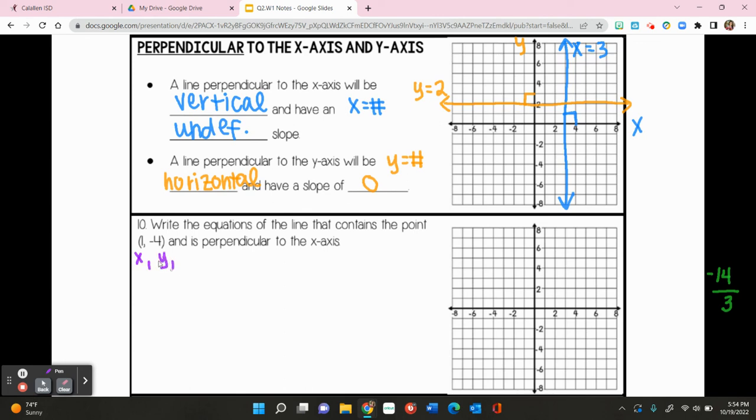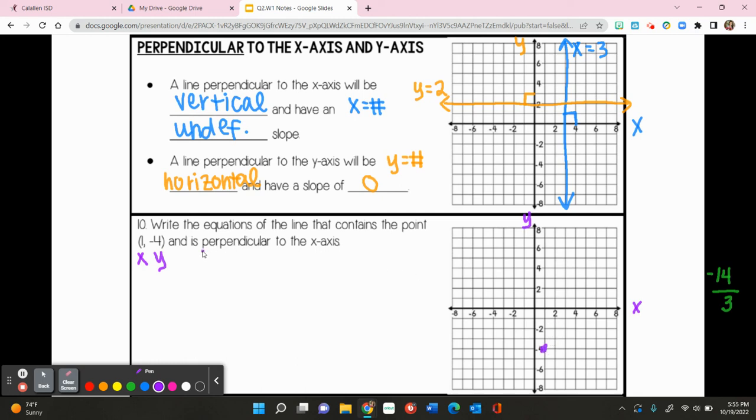Again, this is my x-axis, this is my y-axis. Starting off at the origin, my x value is 1, so I'm going to move to 1 on my x-axis, and my y value is -4. So I'm going to move down to -4.